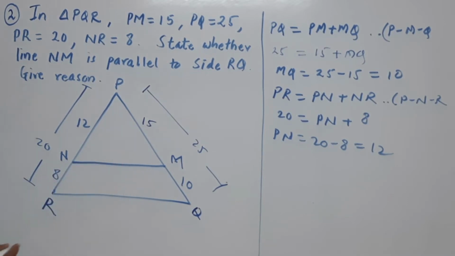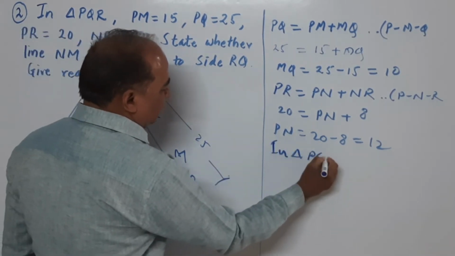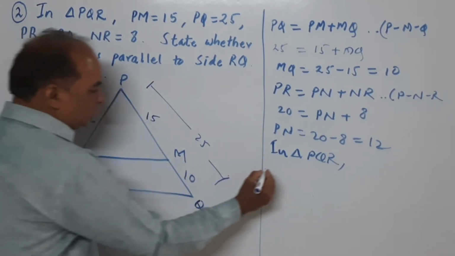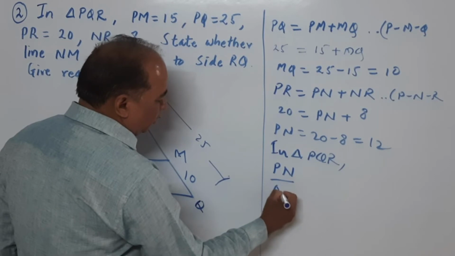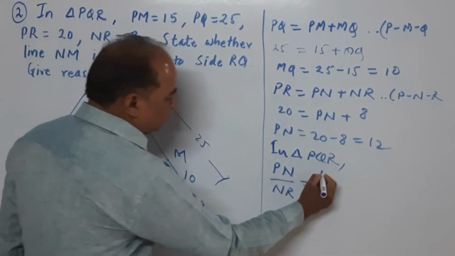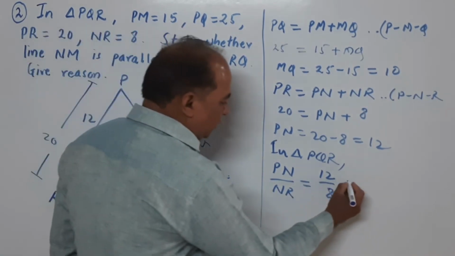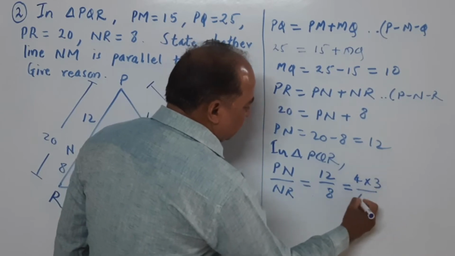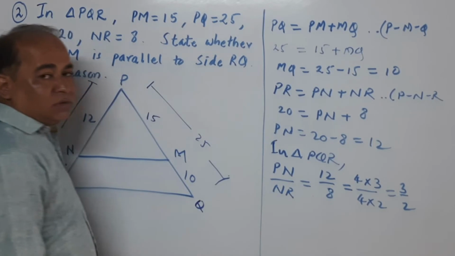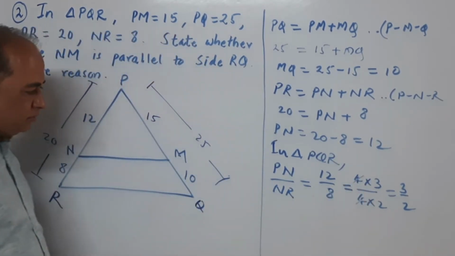So let us see, in triangle PQR, PN upon NR is equal to 12 upon 8. Reducing to the lowest form, 4 3s are 12 and 4 2s are 8, so the ratio will be 3 upon 2, as 4 gets cancelled from both numerator and denominator.